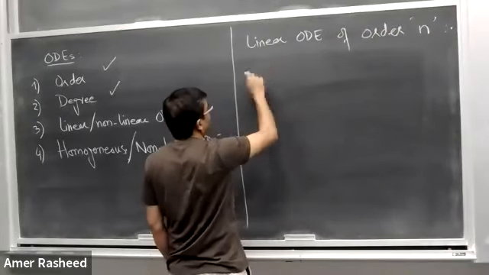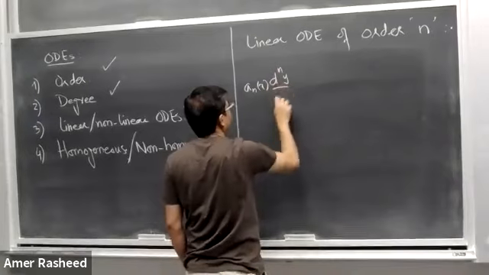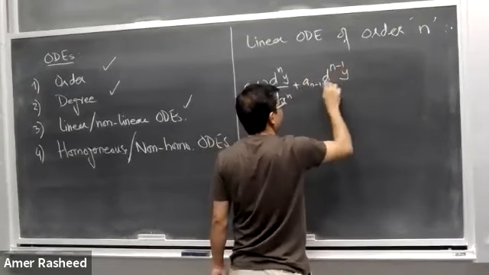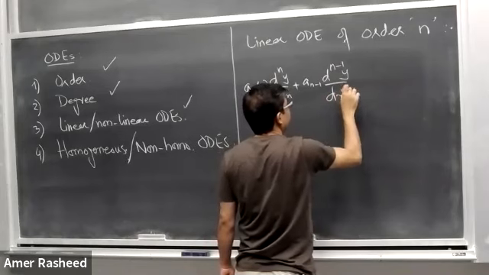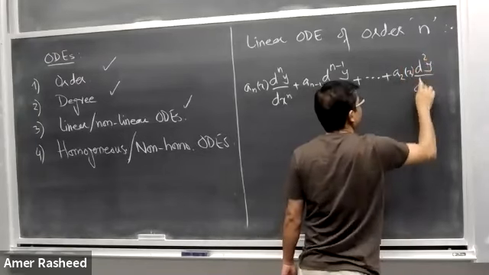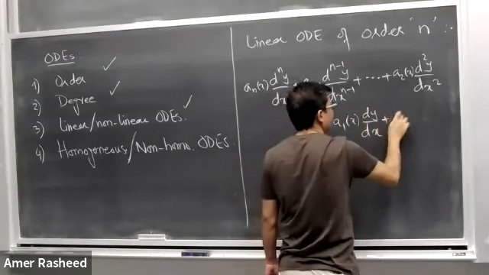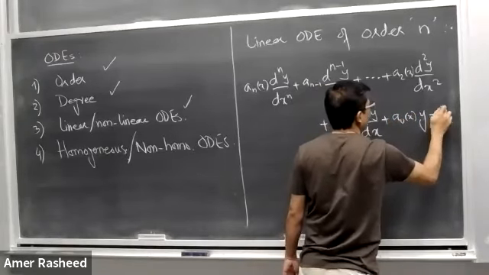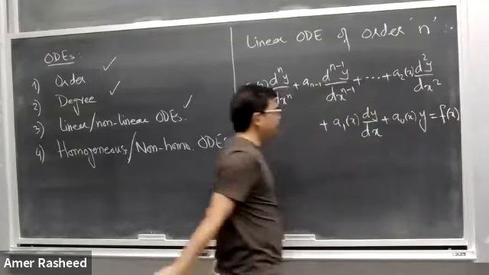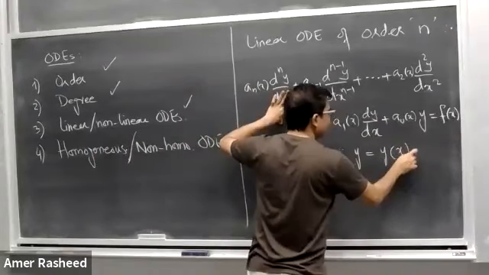A differential equation of the form a_n(x) d^n y/dx^n + a_{n-1}(x) d^{n-1}y/dx^{n-1} + ... + a_2(x) d^2y/dx^2 + a_1(x) dy/dx + a_0(x) y = f(x), where y is a function of x only, y is the dependent variable, and x is the independent variable.